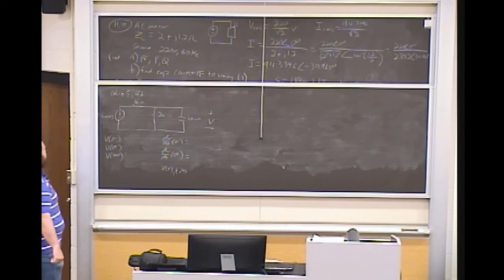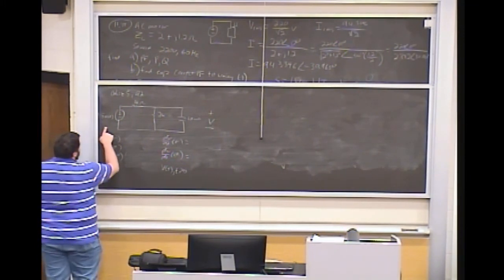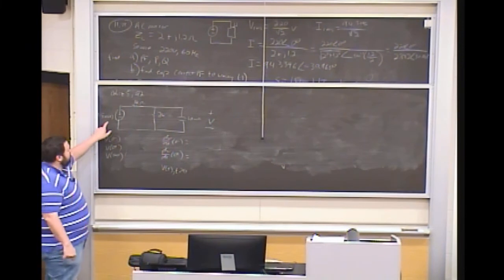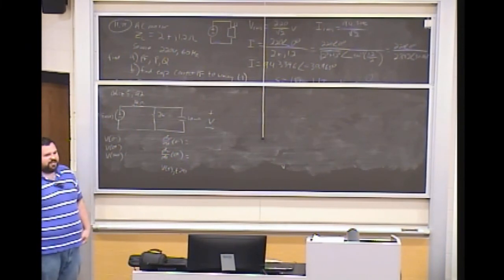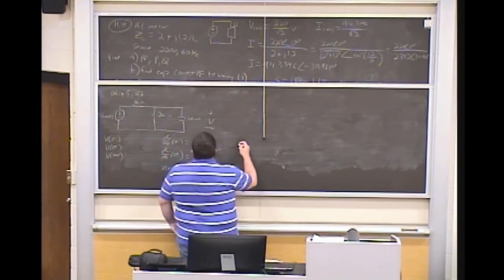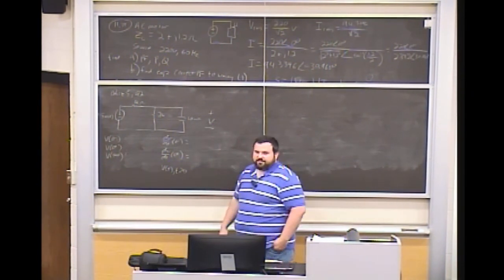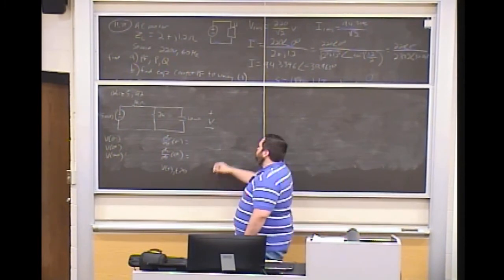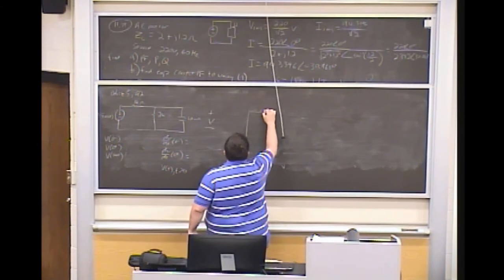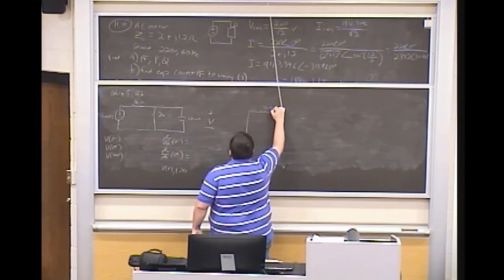And so what steady state do we have here before t equals 0? This is 5u(t). What does that voltage source behave like before t equals 0? 0. And a 0 volt supply looks an awful lot like a short. Okay? So before t equals 0, we've got that.